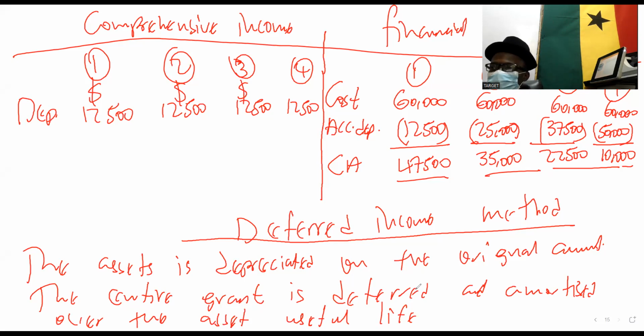That's all. I'm done. So let's go to how the P&L looks like. So I'm going to draw how the P&L looks like. So this is the comprehensive income.